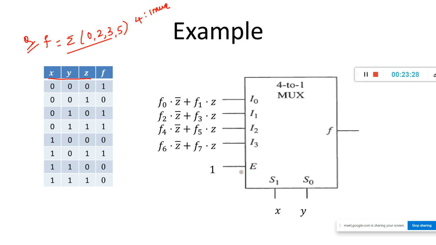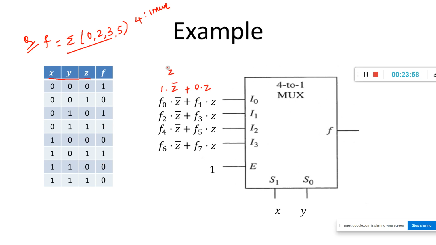How to do it, students? See here. 0, 0, 0, 1, 0, 0, 1, 0. Similarly for 0, 2, 3, 5 you put 1. All others you put 0. First write the truth table. Next, what is f0? f0 is 1 into z bar plus, what is f1? f1 is 0 into z.